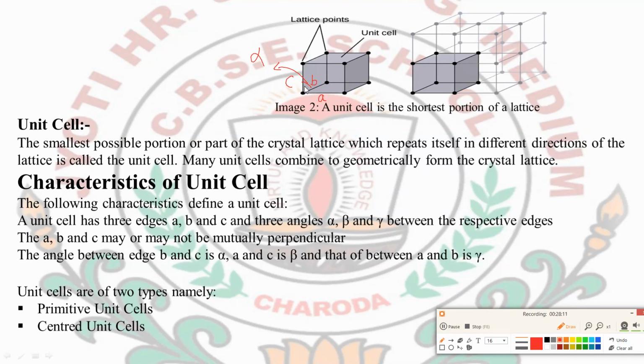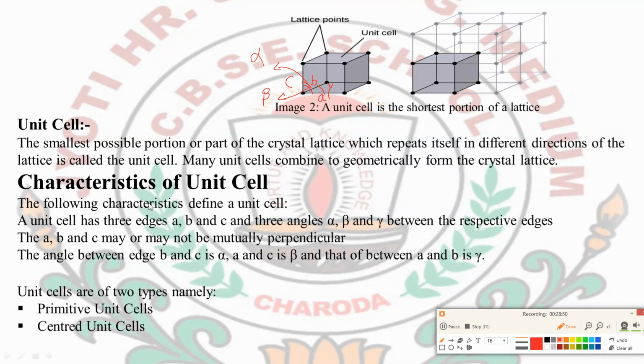Opposite to B, between A and C, it will be beta, and opposite to C, between A and B, it will be gamma. So you can remember like this: opposite to A is alpha, the angle between B and C. Opposite to B is beta, the angle between A and C. And opposite to C is gamma, the angle between A and B.